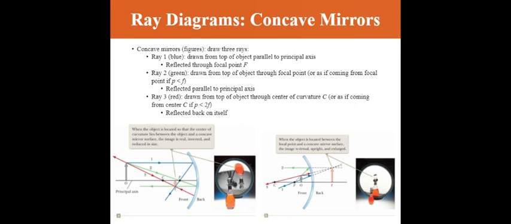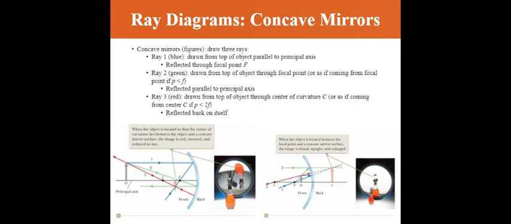So once you know where your object is and what the mirror's geometry is, you want to start off by drawing the location of the object, the focal length, and the center of curvature, all to proper scale. This is very important, because otherwise you will not get a proper image if things are not at the proper distances.